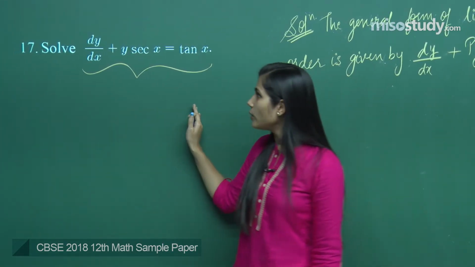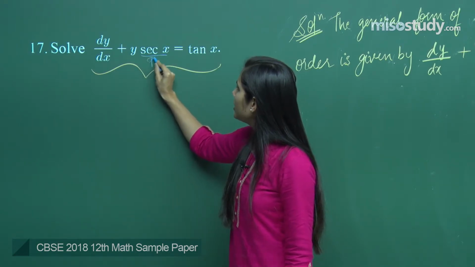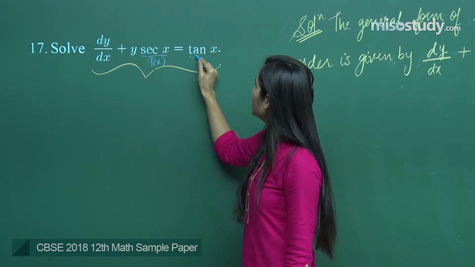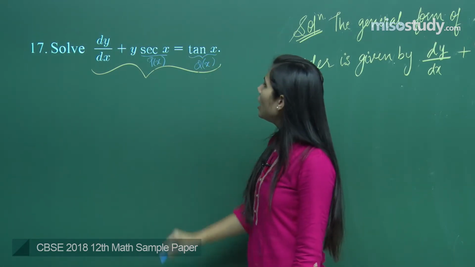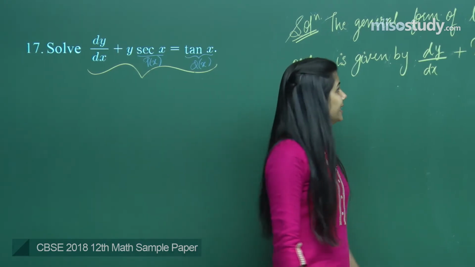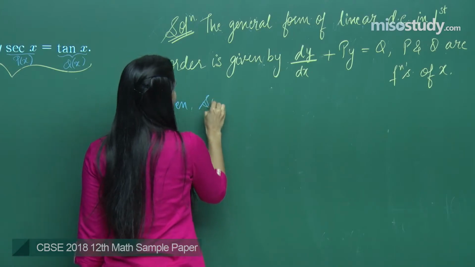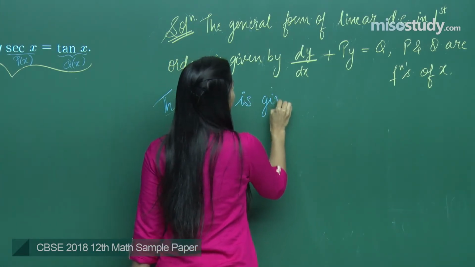We have that kind of a differential equation, dy by dx plus p of x times y equals q of x, where p and q are functions of x. Then directly we know its solution.